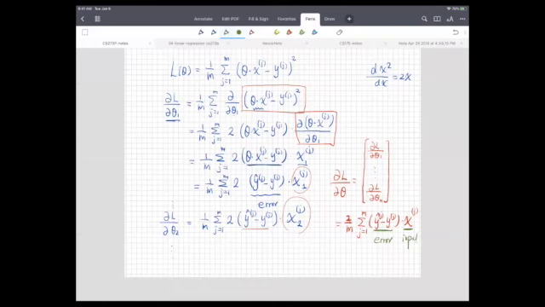Essentially, if you focus on the loss of one sample, the gradient is simply the prediction minus the actual observation, okay? And then times the input vector x.